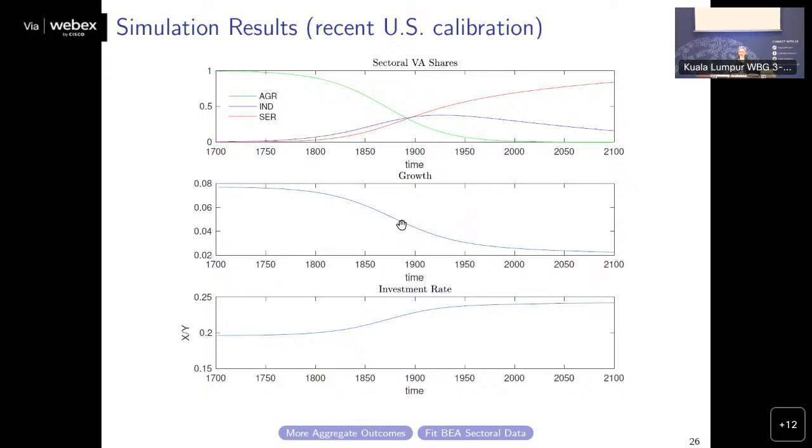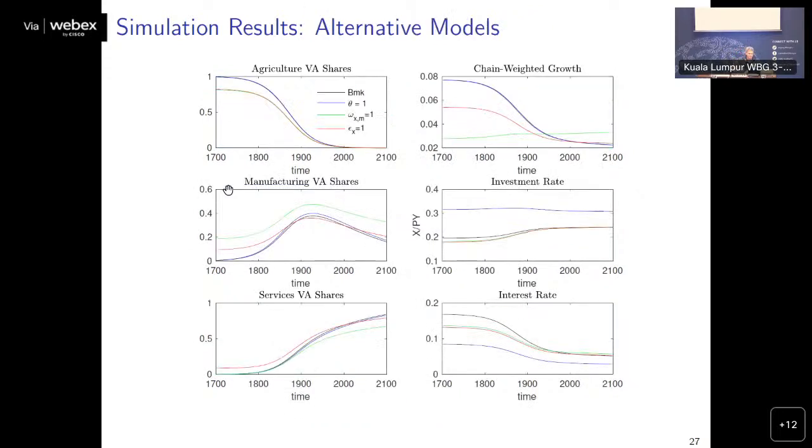And so we see growth slowing down over time. It's not great. I'll come back to this. We don't think that the economies were growing at 8% in 1700. So there's some wins and some losses in this curve, but we're able at least to characterize what the model we've written down implies. Okay.